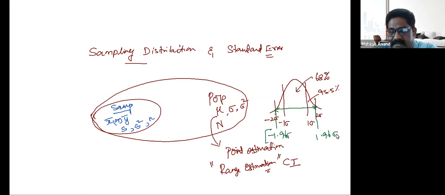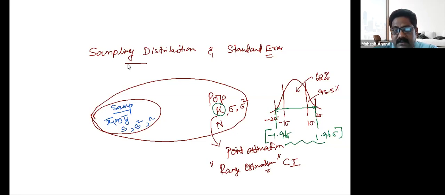So in the bandwidth of minus 1.96 sigma to plus 1.96 sigma, we can have 95% of the distribution of the samples, if you are approximating the sample to close to a normal distribution. So keeping this point in mind, we are going to explore how we do the range estimate of the population parameter mu. That is the focus of the discussion today.